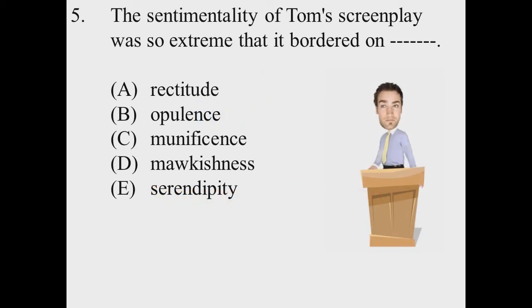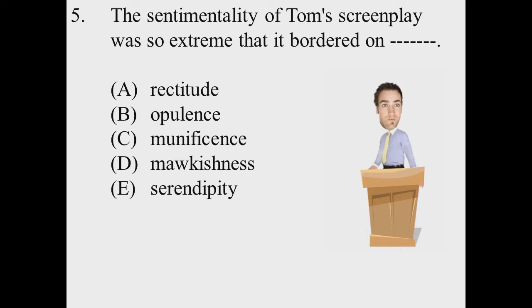Number 5 is, as I said before, a level 5. It's very complicated and it's almost purely semantics. There's not a lot of syntax here. You just have to know the words. The sentimentality of Tom's screenplay was so extreme that it bordered on, well, from that you can tell the blank means that it's way too sentimental, way too emotional.